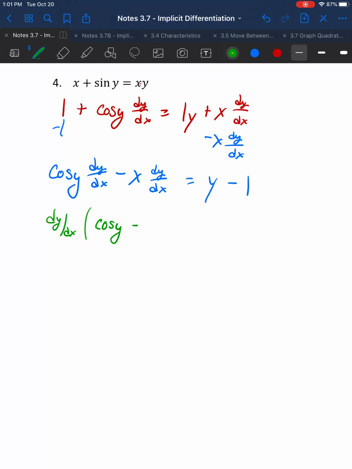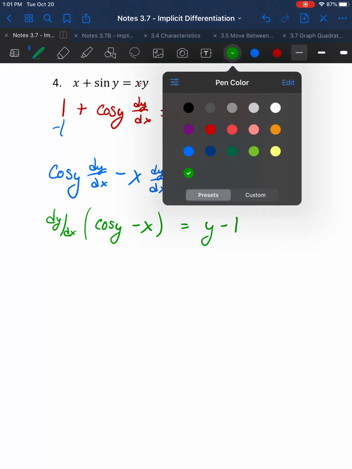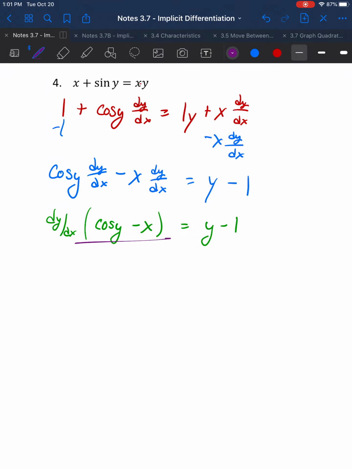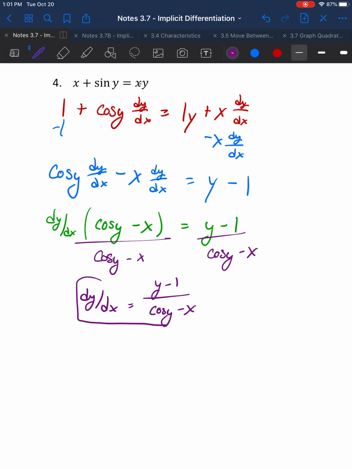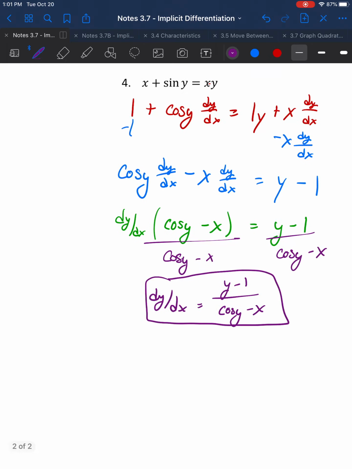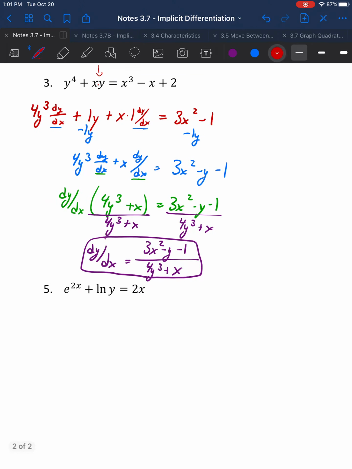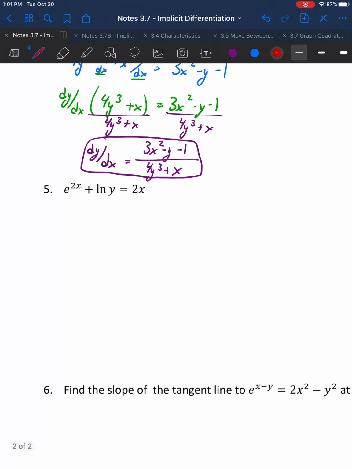I moved the dy dx term to the other side, and I moved the 1 to that side. Now my dy dx's are together, so I can factor out a dy dx, which then would leave me cosine of y minus x. And then I can divide both sides by cosine y minus x.